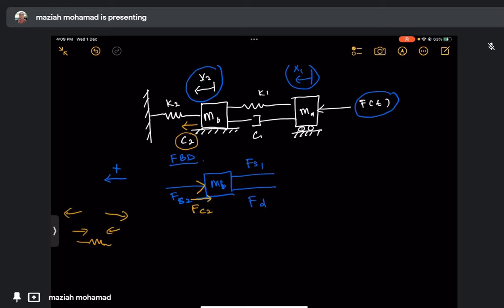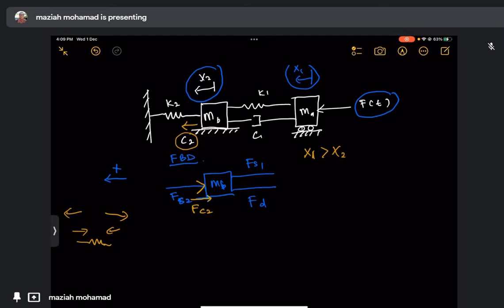And then for spring number 1, we're still going to consider X1 is bigger than X2, because X1 is the input. The output is X2, so we consider X1 is bigger than X2.